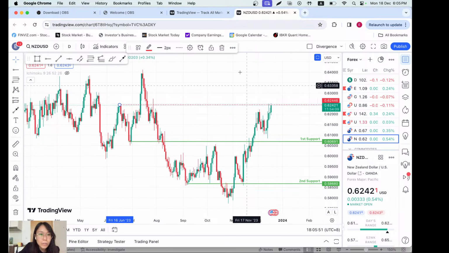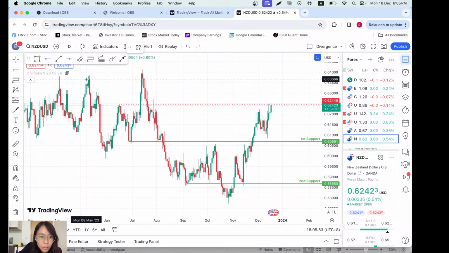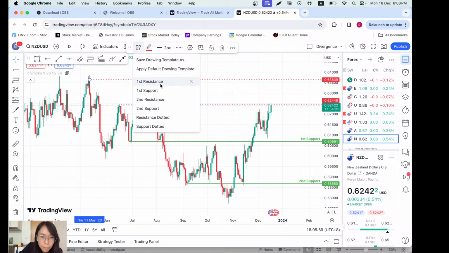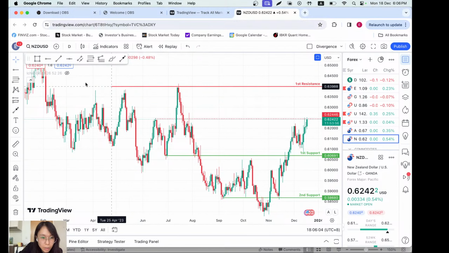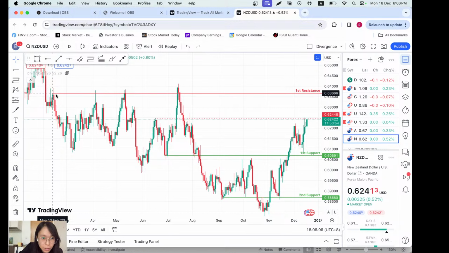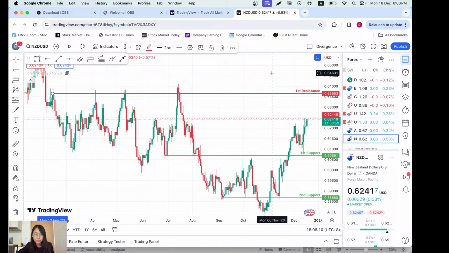I'll use this for my first resistance line. It can pull back all the way back. Can connect this wick.